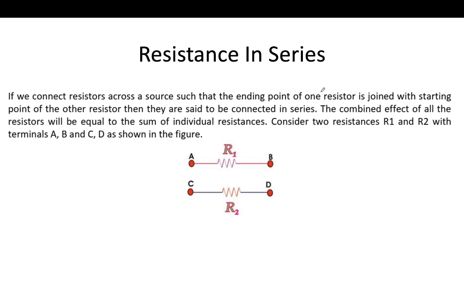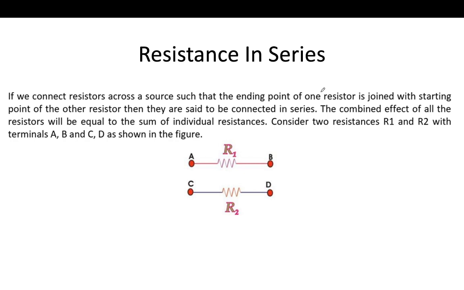If we connect the resistors across a source such that the ending point of one resistor is joined with the starting point of another resistor, then they are said to be connected in series. The combined effect of all the resistors will be equal to the sum of individual resistances.